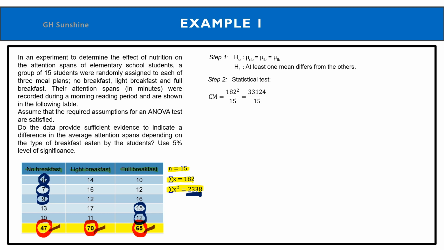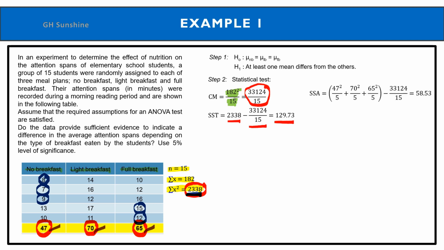The correction mean here is 182 squared divided by the number of data. Calculate SST. SST here is 2338 minus the correction mean, which equals 129.73.